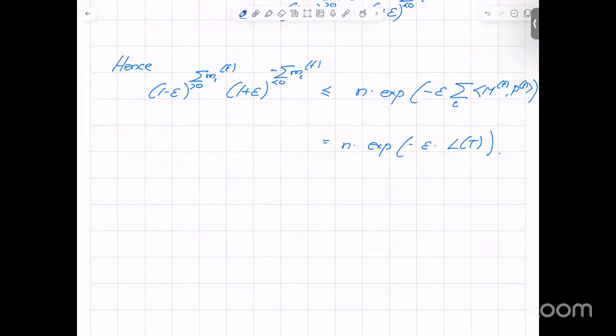Now let's take logs on all sides. So what are we going to have?